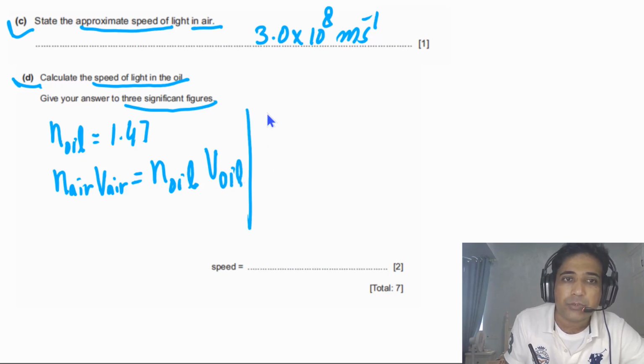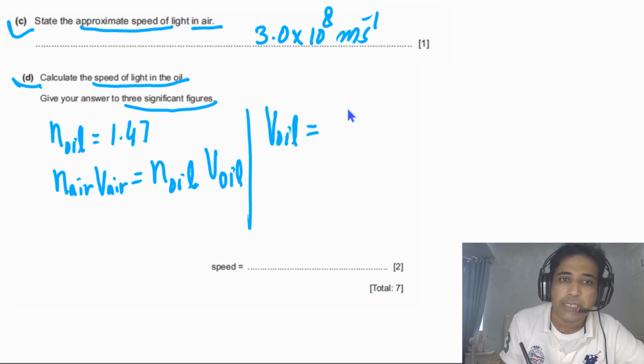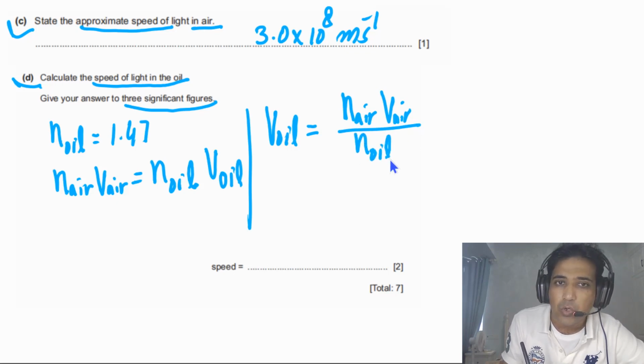We need to calculate the speed of light in oil, so this will be equal to the refractive index of air times the speed of light in air divided by the refractive index of oil.